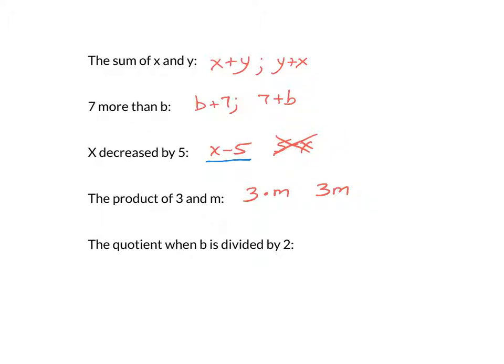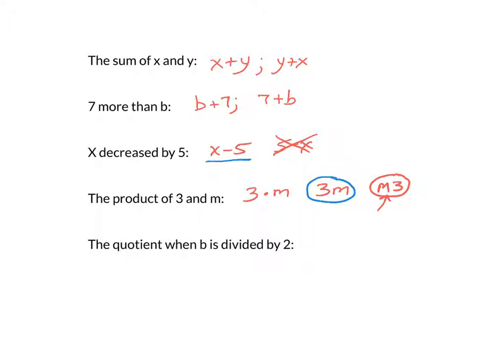Because multiplication is commutative, I could also write it m3. It would be considered correct, but generally the number comes first, so you would probably see 3m instead of m3.